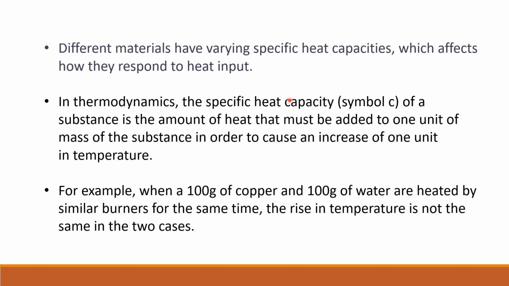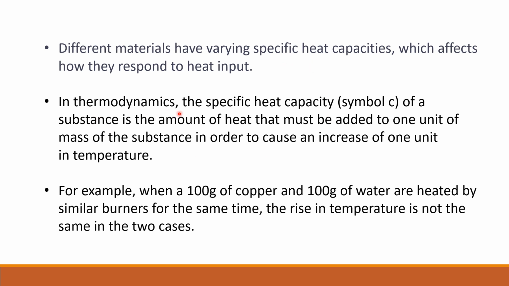So different materials have varying specific heats, which affects how they respond to heat input. Meaning the different materials absorb different amounts of heat because of their nature, because of their specific heat capacity.